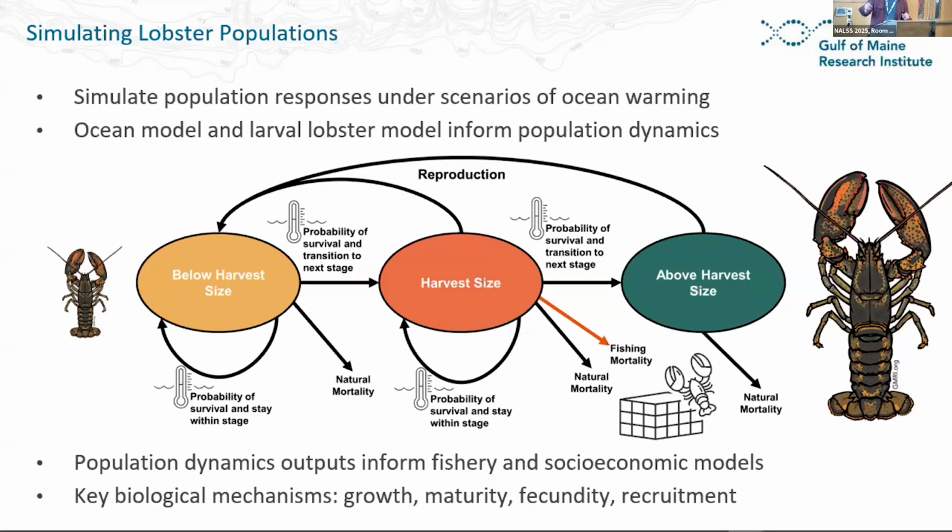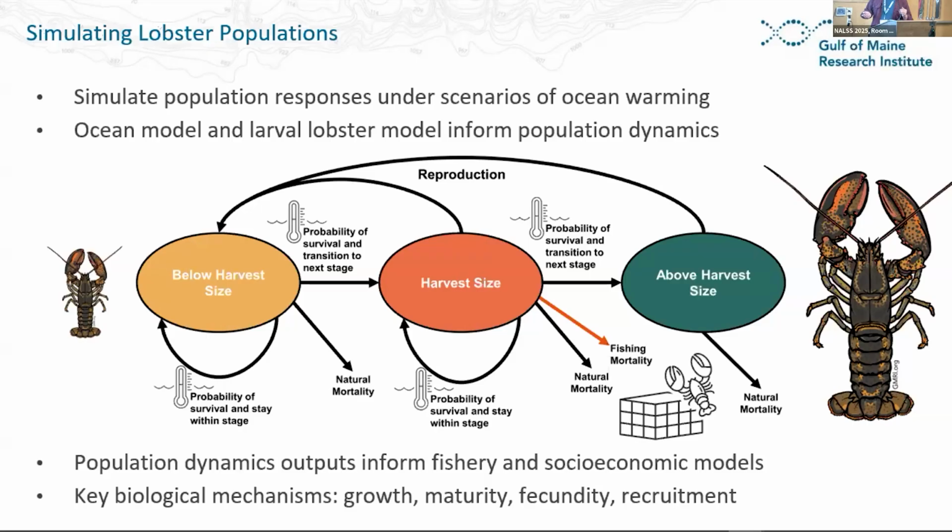Each bin will have stage-based parameters associated with it and different biological processes. So mainly this below harvest size bin is about lobsters that have been in the pelagic stage and have just settled down to the bottom. Now what happens? We're thinking about growth mechanisms here, predation, and natural mortality.